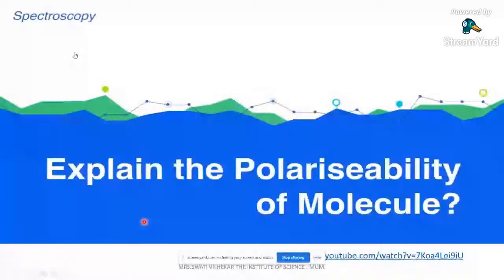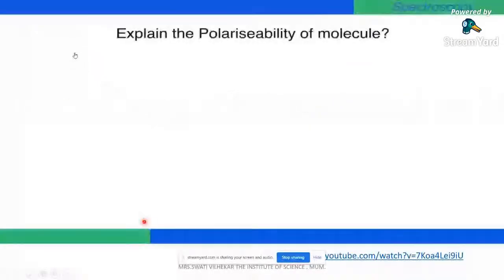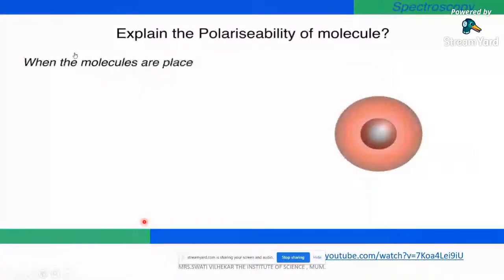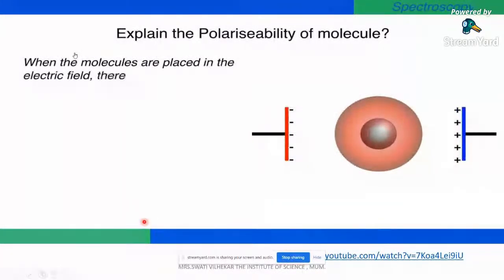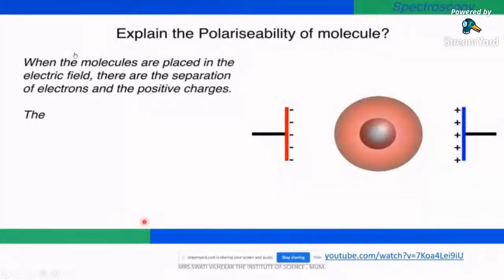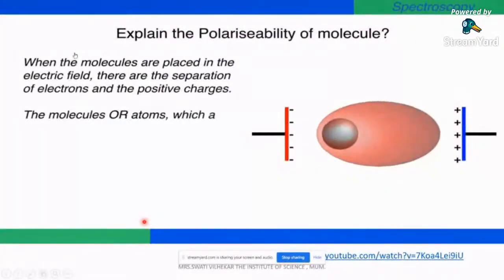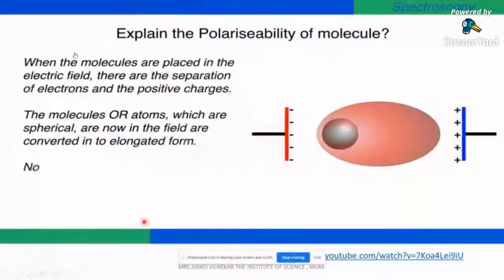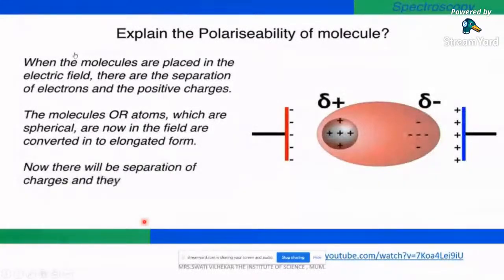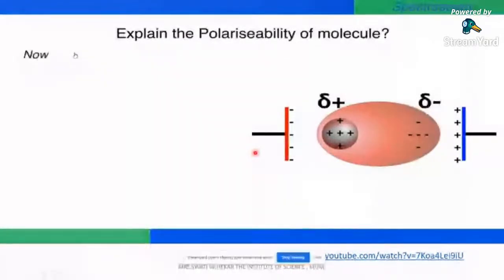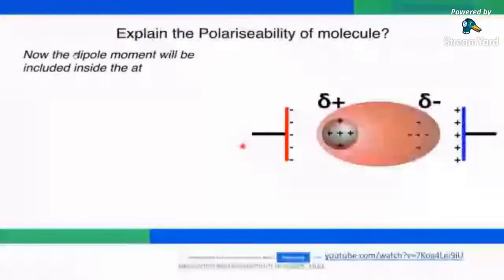Explain the polarizability of molecule. When the molecules are placed in the electric field, there are the separation of electrons and the positive charges. The molecules or atoms which are spherical are now in the field are converted into elongated form. Now there will be separation of charges and they are pointing towards the respective plates. Now the dipole moment will be generated inside the atom or molecule.